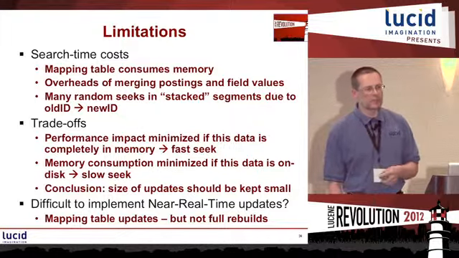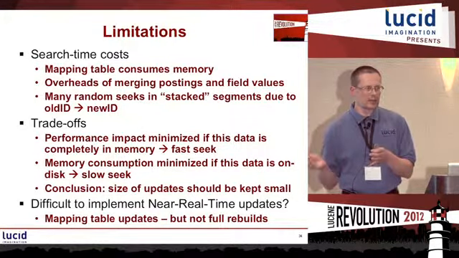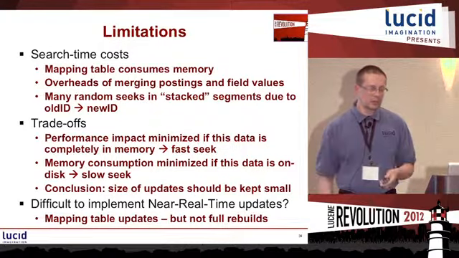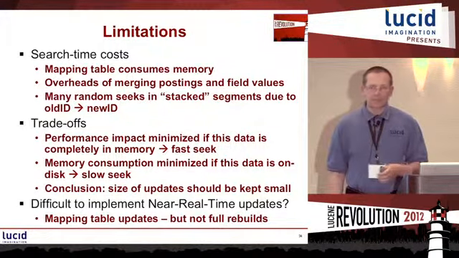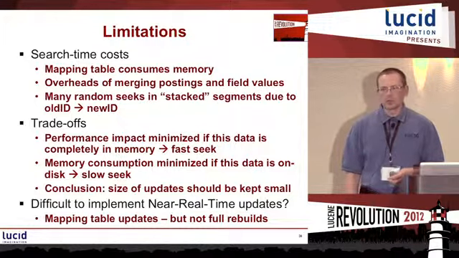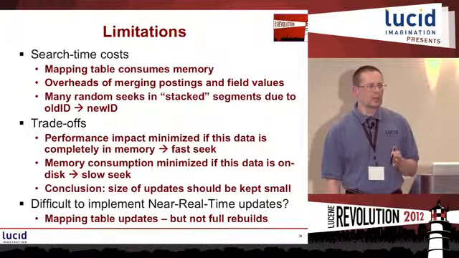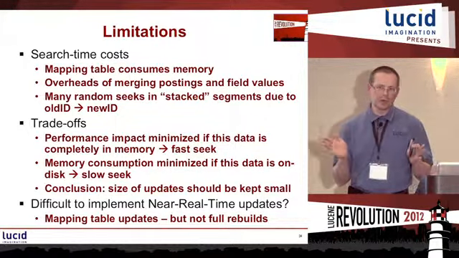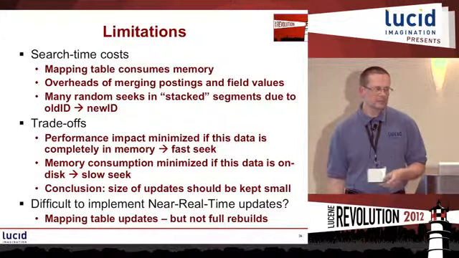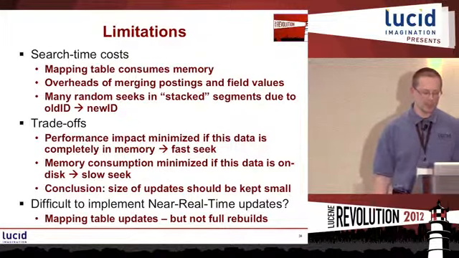So preferably, if we could fit these updates from the secondary index completely in memory, that would be ideal. So there are some trade-offs here. Generally, I think the conclusion should be that using this design, the updates should be kept to a fairly small part of the main index, at least small enough so that most of the structures will fit in memory.